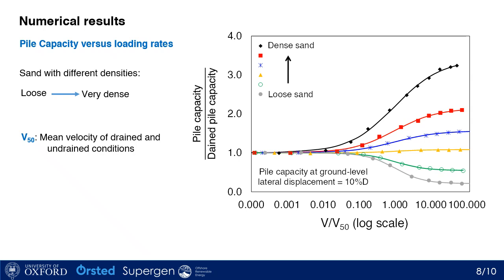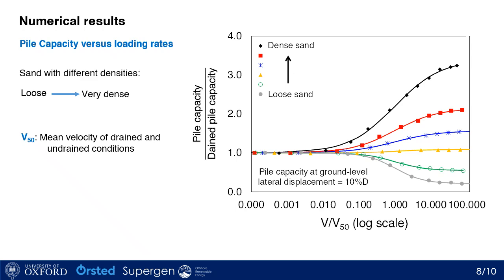When the loading rate is low, the behavior is almost drained. When the loading rate is increased, the behavior would be partially drained, and for high rate where the capacity change is almost stabilized, it is close to undrained.